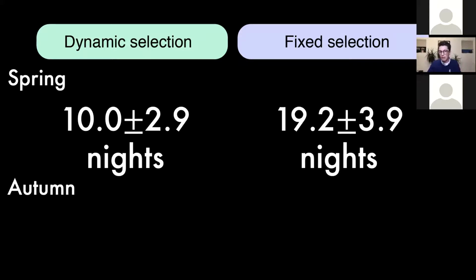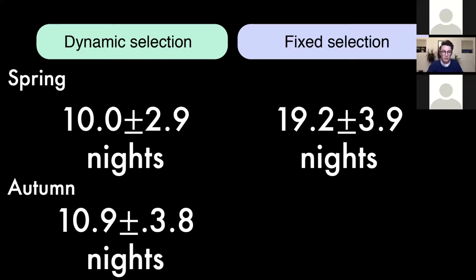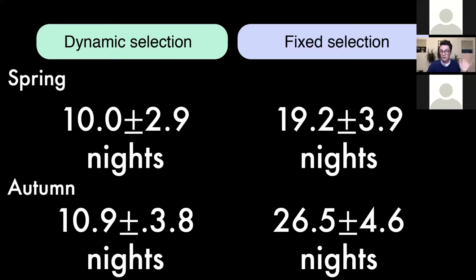We're turning off our lights when maybe some birds aren't migrating. Same is true in the fall or autumn here, around 11 nights. But in the fall, if we do this fixed selection thing, this fixed window of time, it takes around 26.5 nights to capture 50% of the migratory birds passing over each area of the US. So that's a little problematic, maybe in terms of that timing.